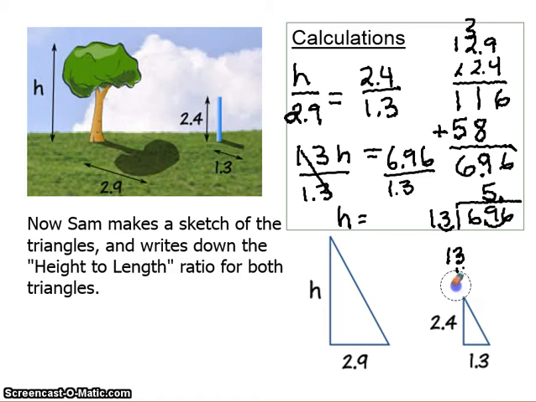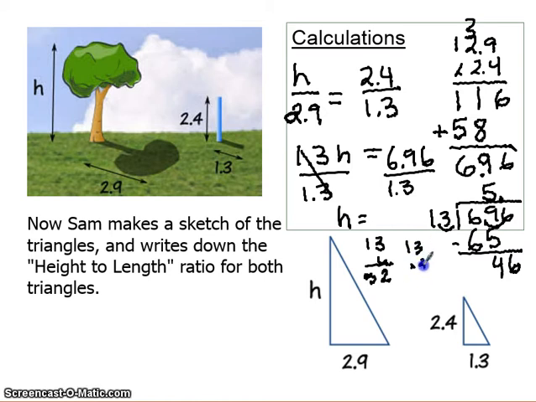So let me erase this to give us some more room to calculate. 13 times 5 is 65. 6 minus 6 is 0. 9 minus 5 is 4. Bring down our 6. 13 times 46. 52 is too much. 13 times 3 is 39.